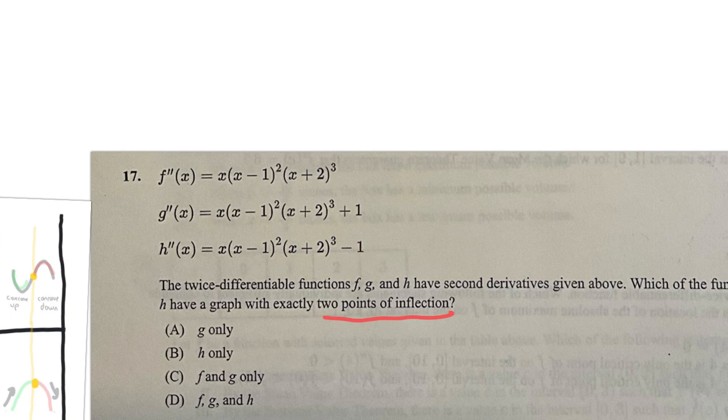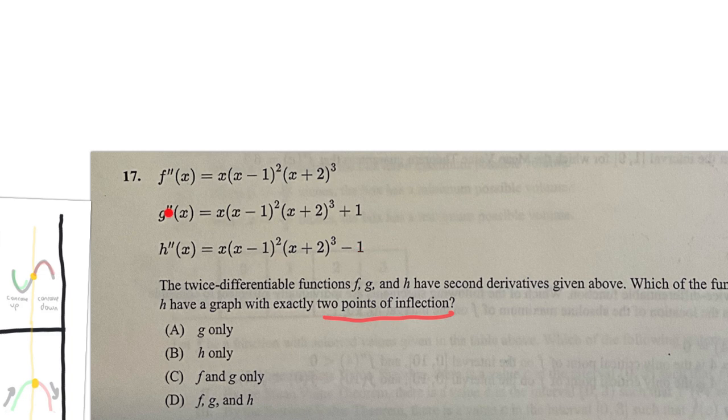You might notice g double prime of x is nothing more than the exact same thing as f double prime of x, except we have a +1 tacked on the end. H double prime of x is the exact same thing as f double prime of x, except we have a -1 tacked on to the end.